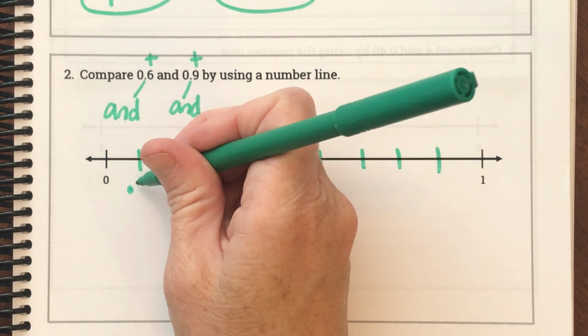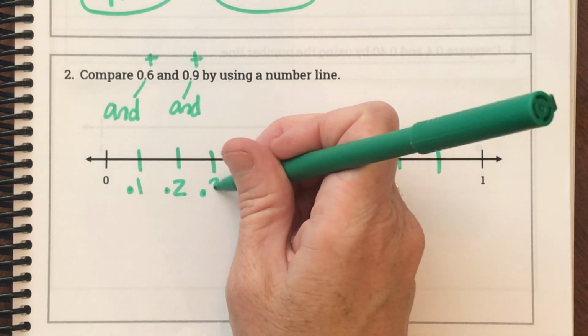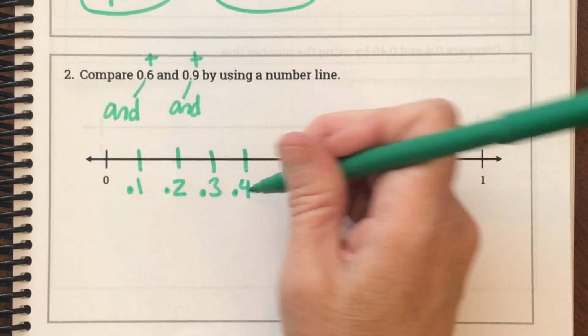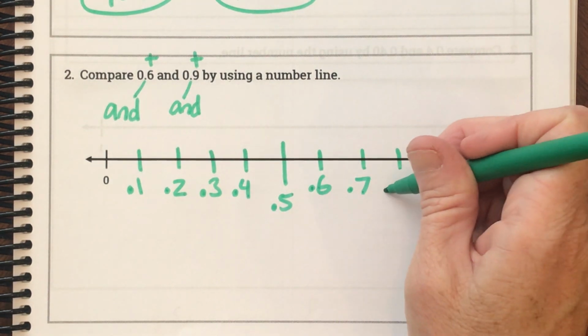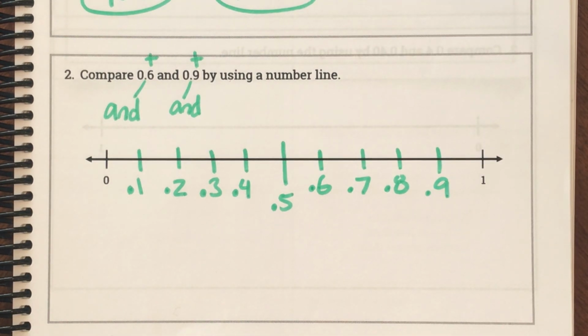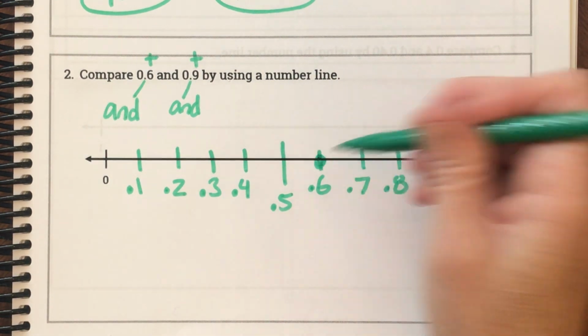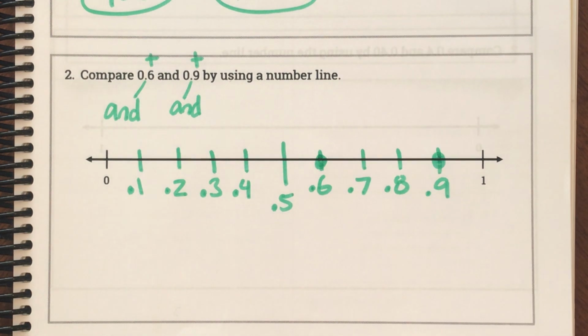Okay, so this is 1/10, 2/10, 3/10, 4/10, 5/10, 6/10, 7/10, 8/10, and 9/10. Okay, so 6/10 goes right here, and 9/10 goes right there.